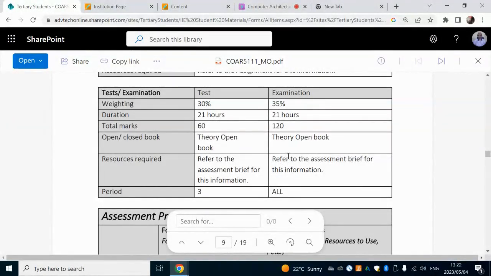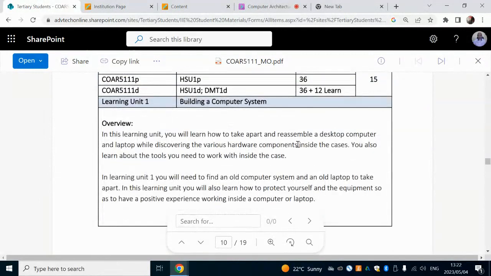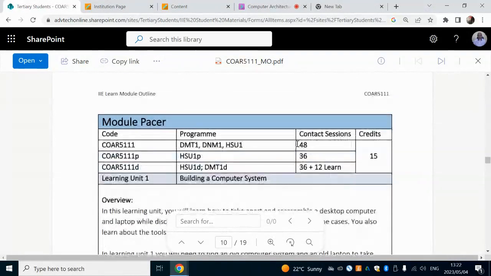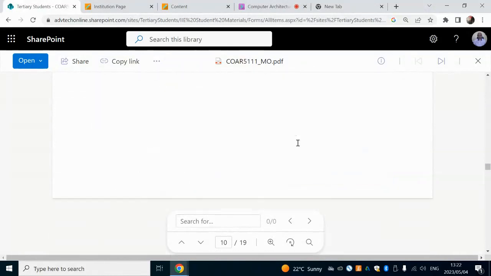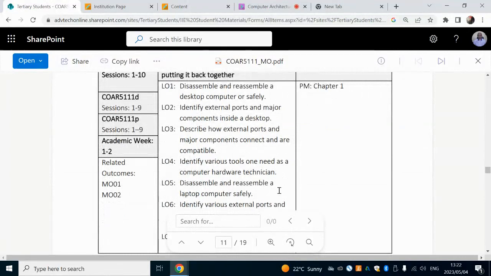So what is covered in learning units 1 to 3? I'll page down now, and the first learning unit, there it is here. What chapters are covered in the learning unit?